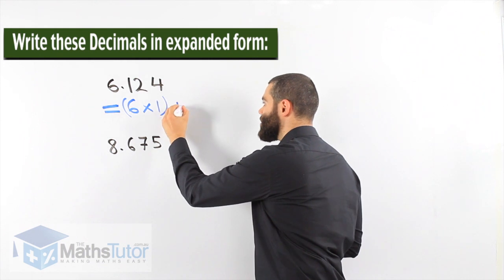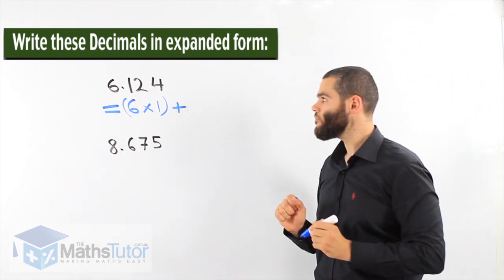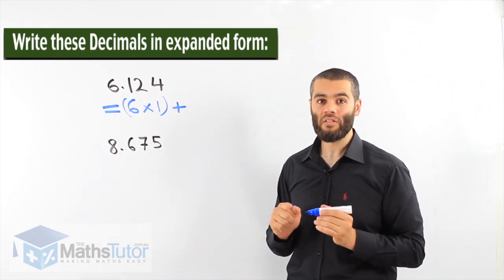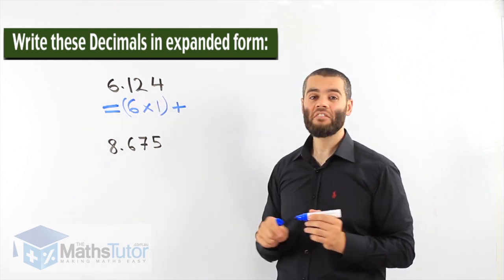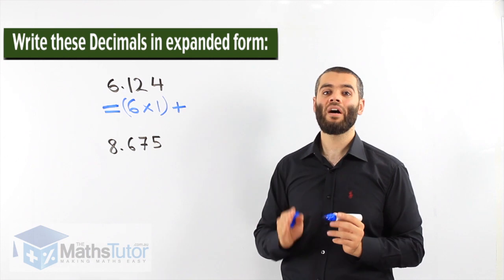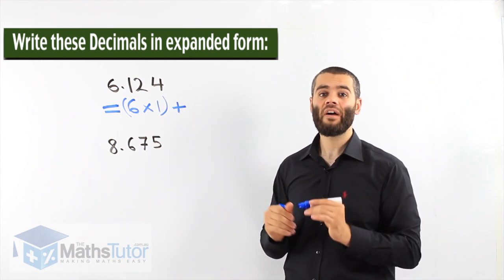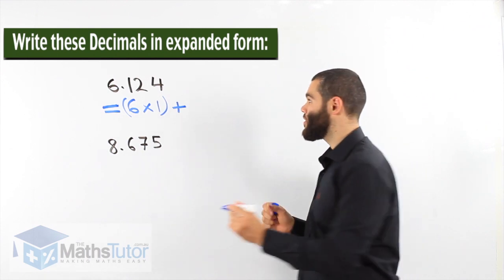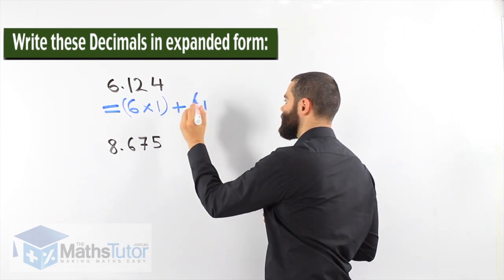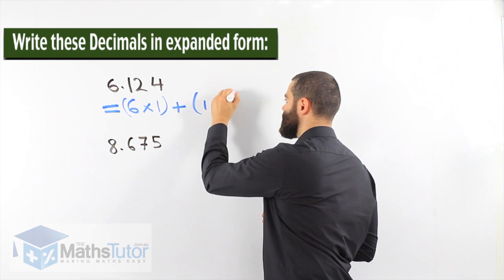Then we realize we have our point, so 6 point, we have 1, and the 1 is straight away, we know the first column after, or the first value after the point is the 10th. So we know 1 times a 10th.